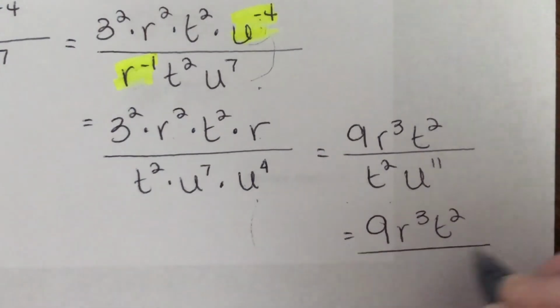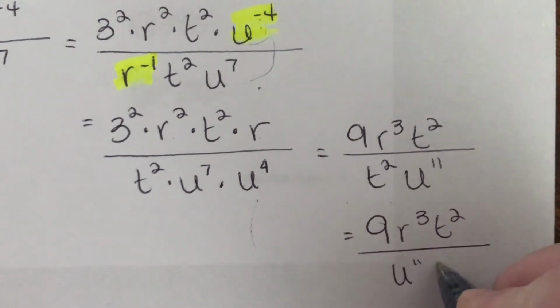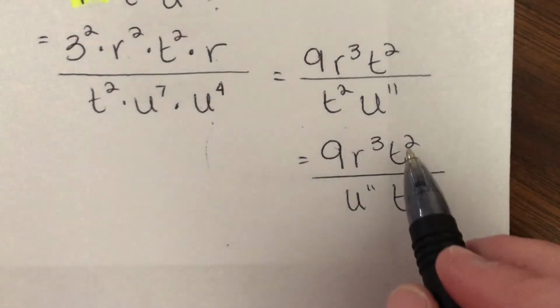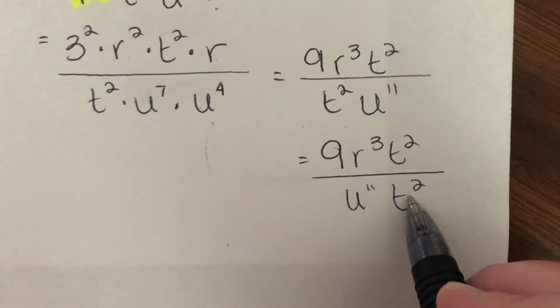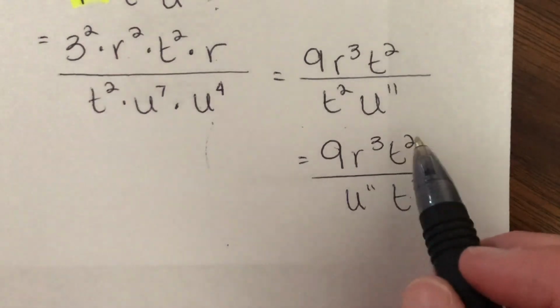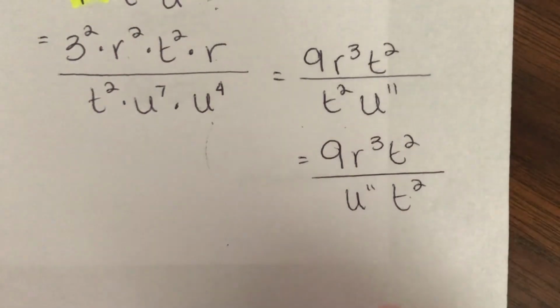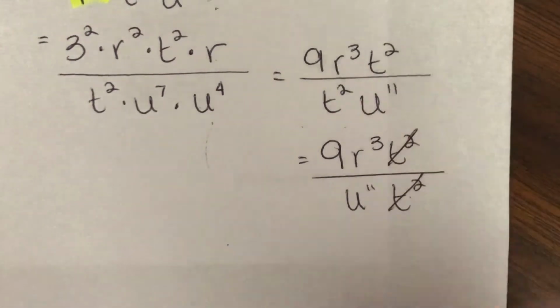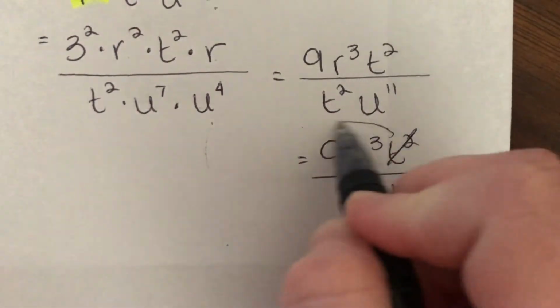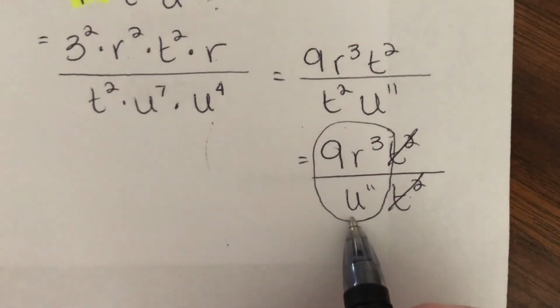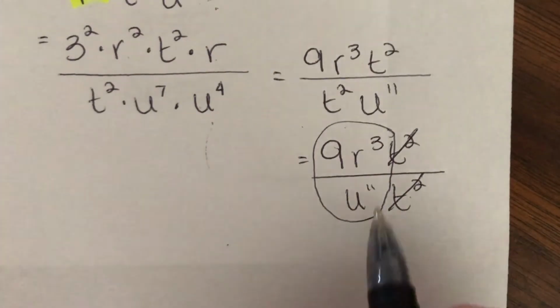T squared all over u to the 11th t squared. Okay, so now I have the t's lined up, and t squared divided by t squared, they just cancel each other out, right? 2 minus 2 is 0, and t to the 0 power is just 1, just goes away. So I'm left with this fraction, 9r to the 3rd over u to the 11th power. That's my answer.